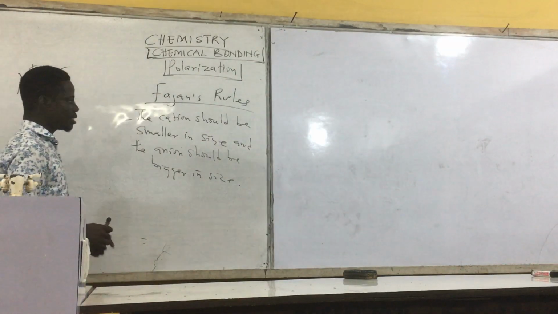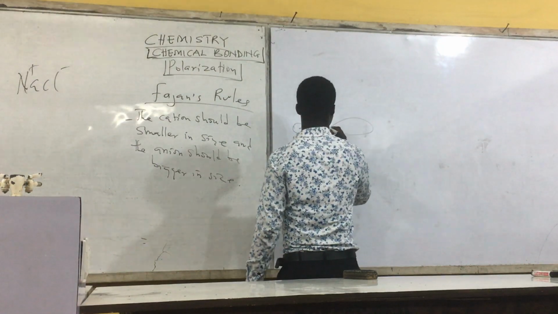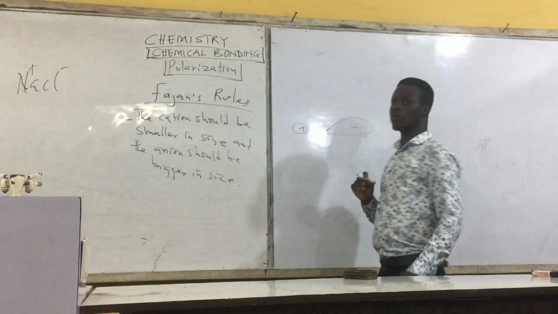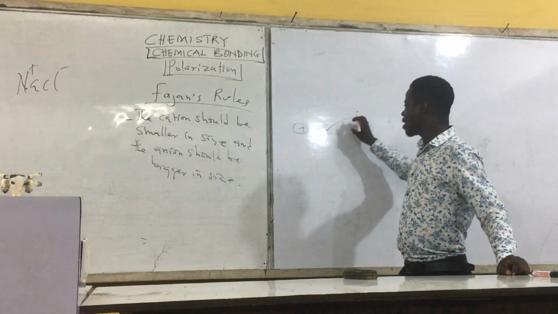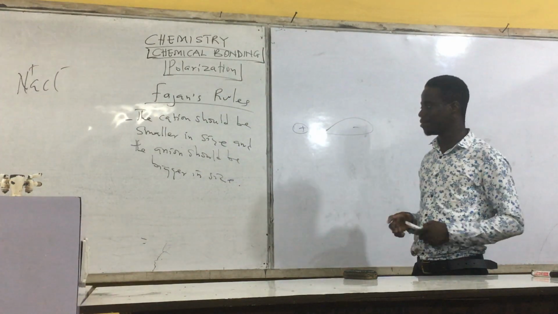What it means is that this is my cation, and this is my anion having the electron clouds. This should be smaller in size, and this should be bigger before polarization can occur. That is the basic thing.